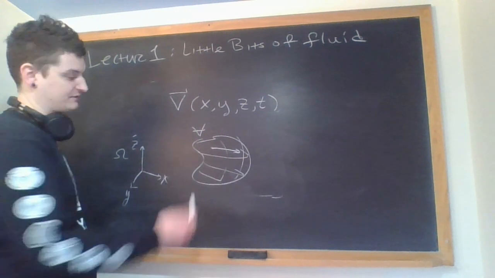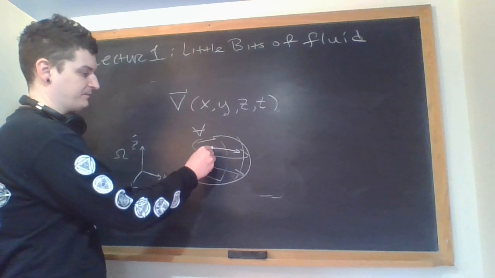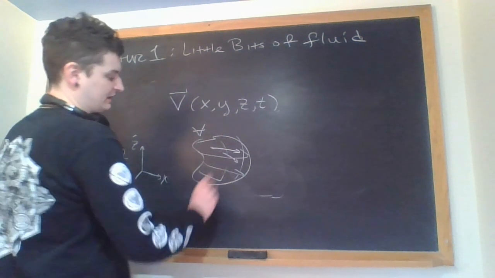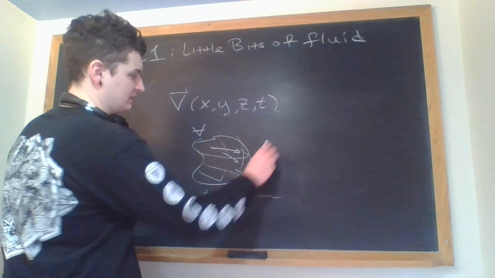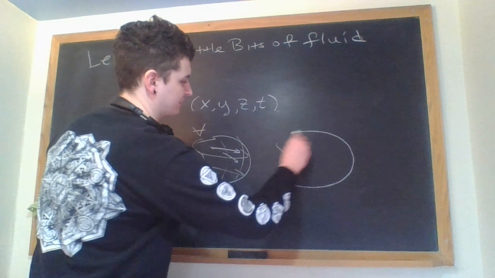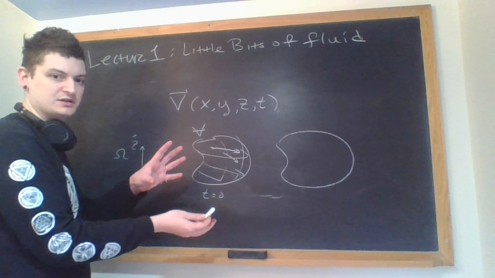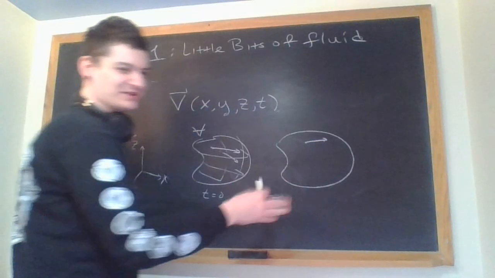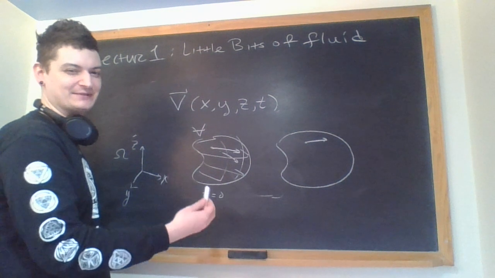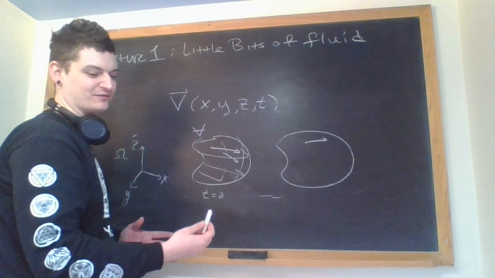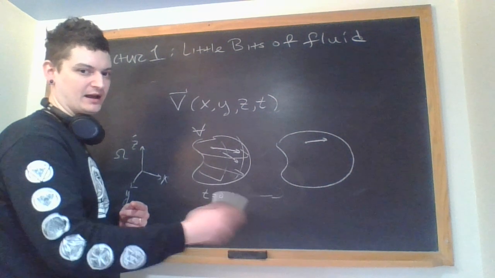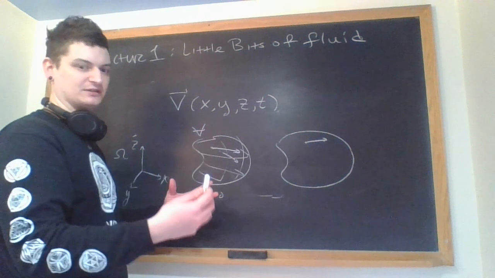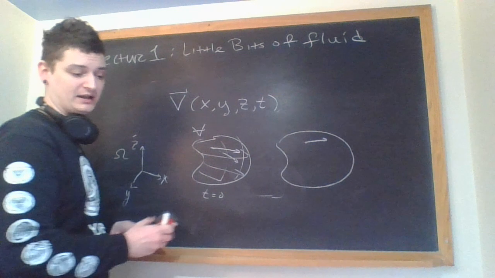And even worse, this is going to change with time. So this could move here at a different point in time. If this is at t equals 0, a little bit later, if this fluid was undulating around, it could totally change. So now this point has changed to this point, and it's really complicated, but that's what we're describing. We're describing a whole vector field. You give me an x, y, z point and a value of time, I'm going to tell you a vector. And it's a field, so there are different vectors for every single point in your fluid.